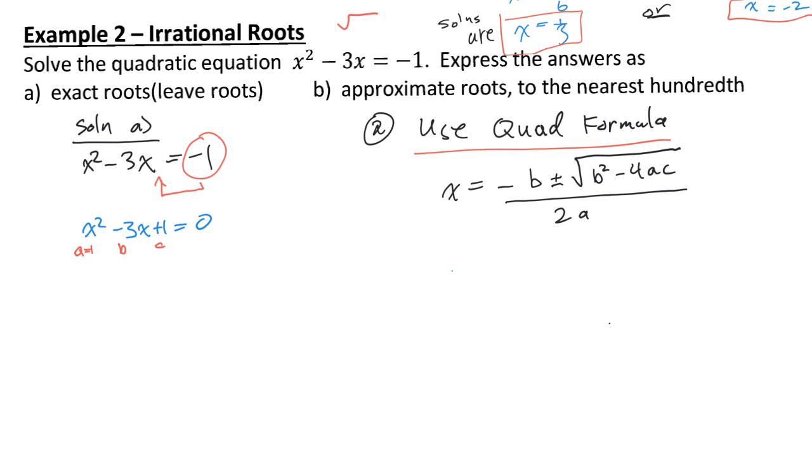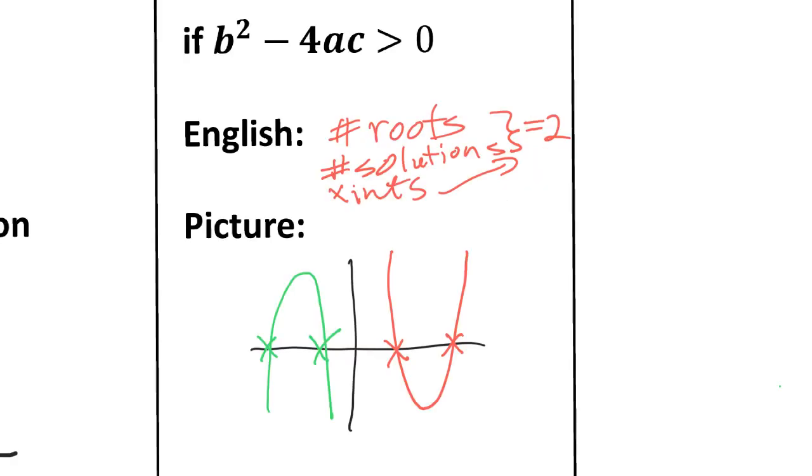Now let's find the discriminant, b squared minus 4ac. Substituting, you get the following. Now simplifying using BEDMAS, it ends up being 9 minus 4. So b squared minus 4ac is equal to 5. When you're in doubt, refer to the chart that we created earlier.